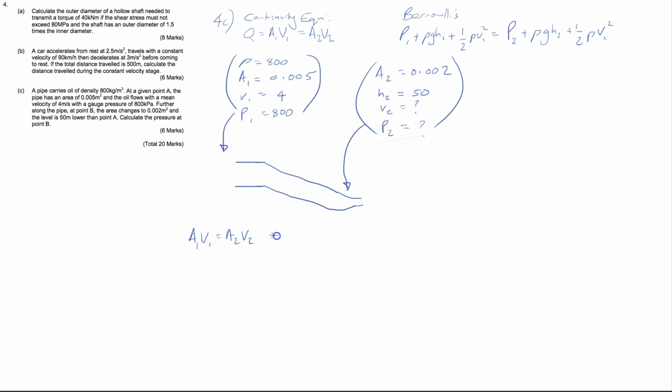So V2 is going to equal A1 V1 over A2, which is equal to 0.05 times V1, 4, over A2, 0.002, which is equal to 10.